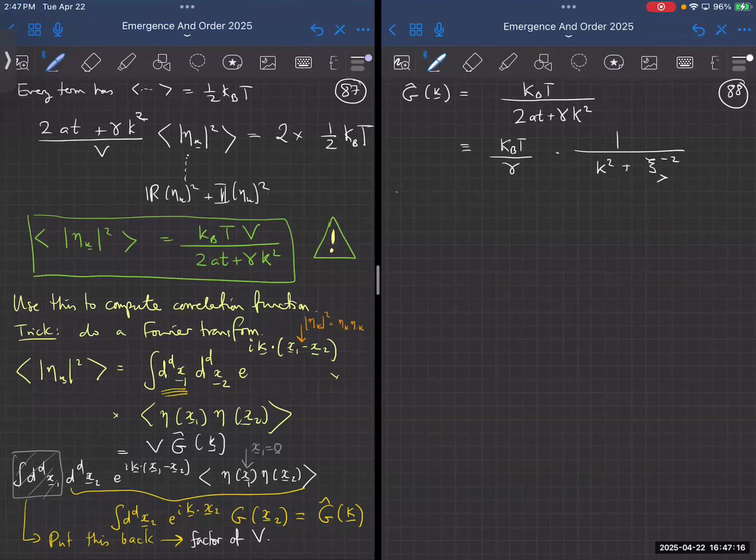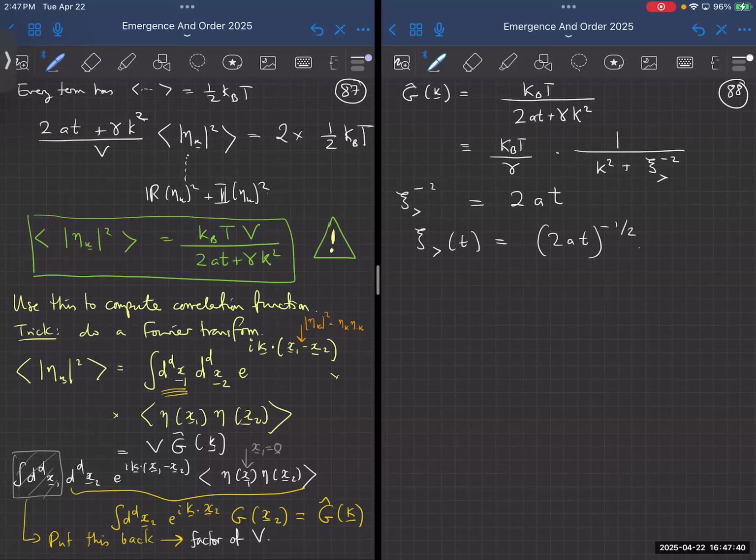And this psi to the minus 2 is equal to 2at, and therefore psi greater than, as a function of t, is equal to 2at to the minus 1/2.